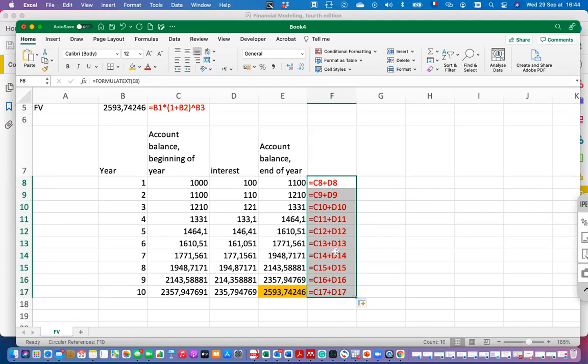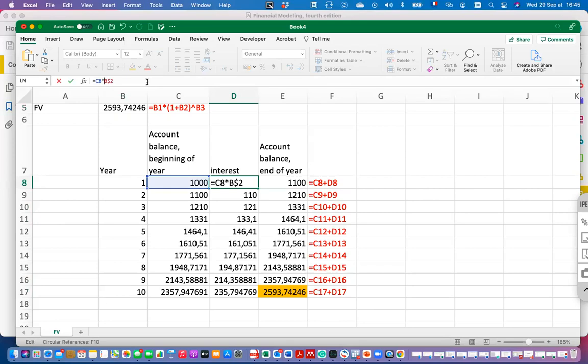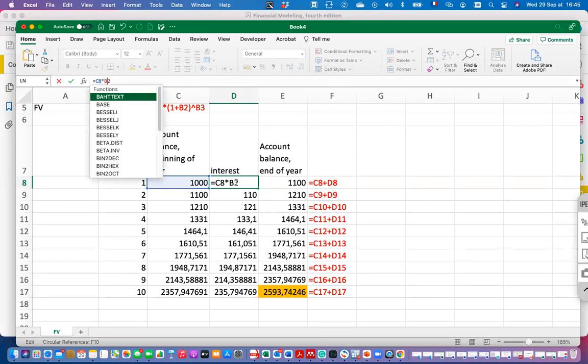These are the formulas that you have used for the balance at the end of the year, but it is crucial, it's critical that you understand that you must keep the interest rate constant. If you don't add the dollar sign, you will ruin everything. For example, let me just show you what will happen if we do not add the dollar sign. So I will remove the dollar sign here, right?